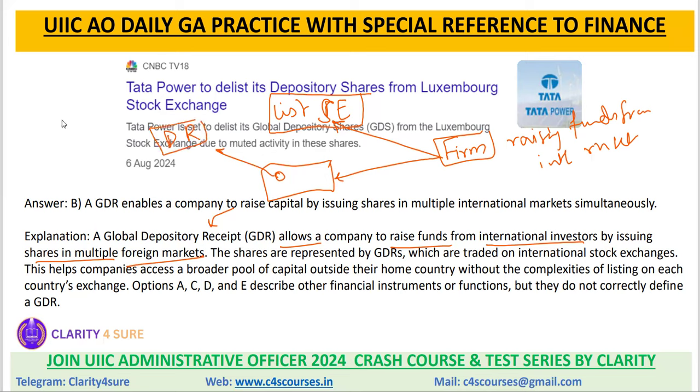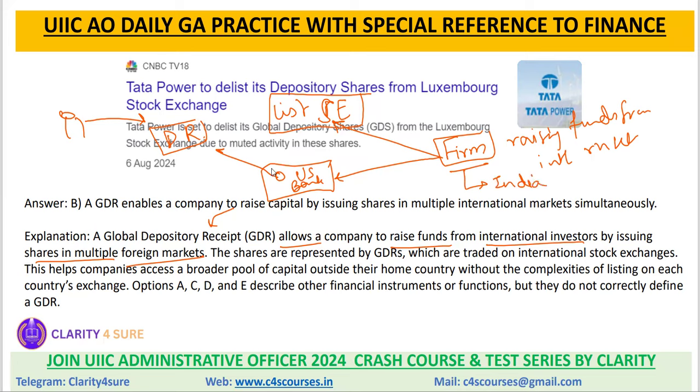That means if an individual in the US purchases a depository receipt from this US bank, they are indirectly taking a stake in the firm that is established in India.